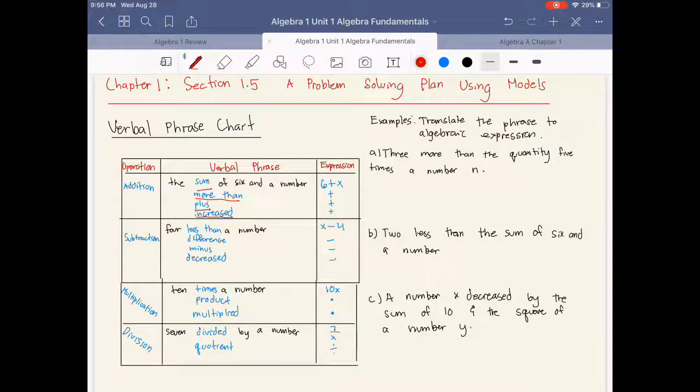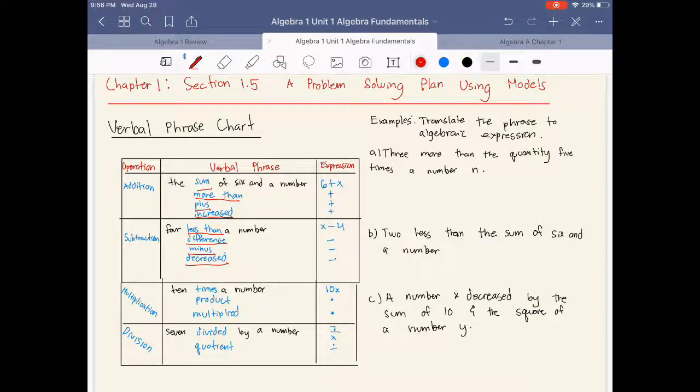Under subtraction, if you see verbal phrases such as less than, difference, minus, decrease, then in your expression, when you change it to number form, you're going to see subtraction signs as your operation.